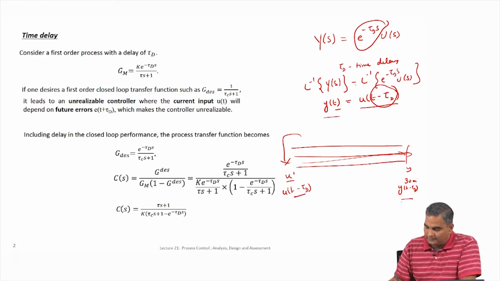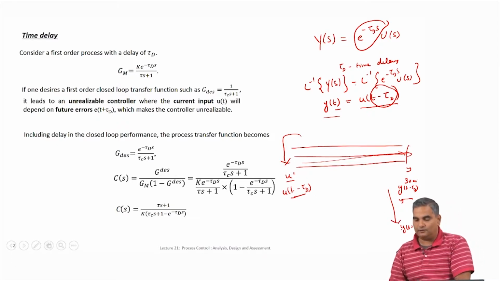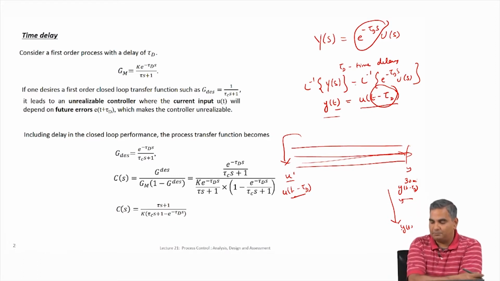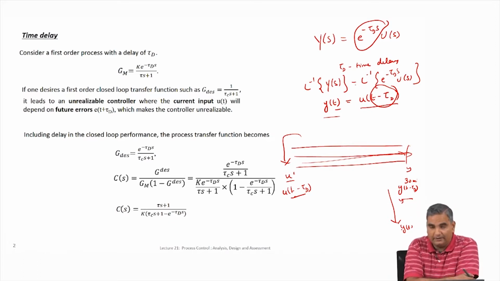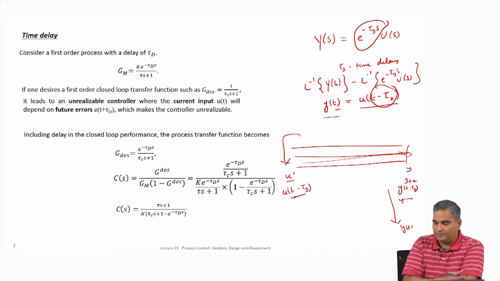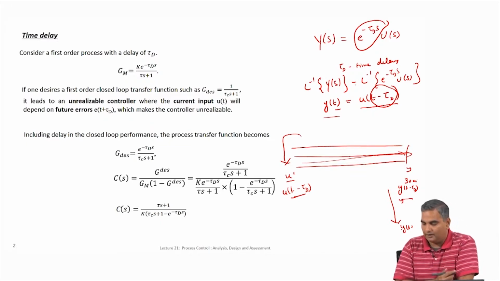The next y also will not reflect it. It will reflect at y of t. So, this amount of time has to lapse before I see the effect of this here. This is a very important point, and it happens in all kinds of real situations, particularly flow systems. Whenever you take an action, it takes some amount of time before you see the effect, and this is typically called transport lag or transport delay.